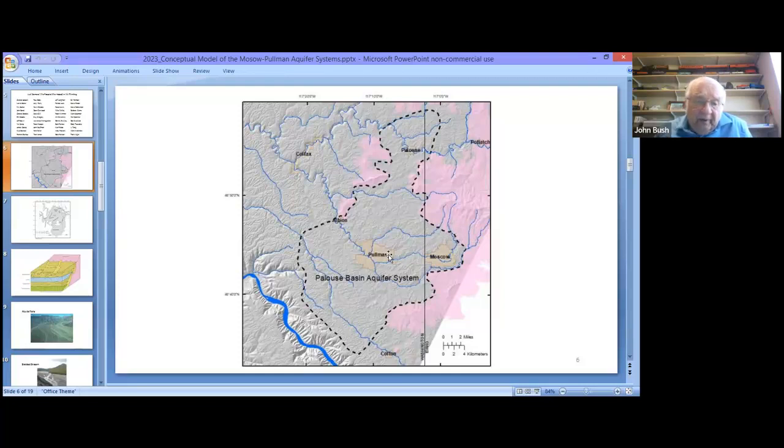Another recharge area identified is over in Pullman, where the South Fork of the Palouse cuts across the interflow zone of the upper aquifer and lower aquifer. So there's expected to be recharge in the western part of Pullman and down northwest into Albion.